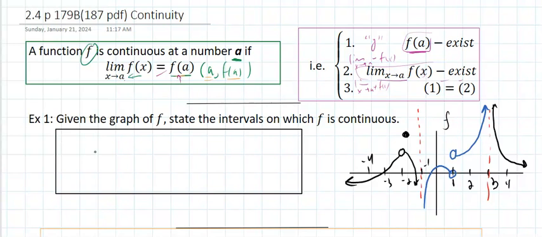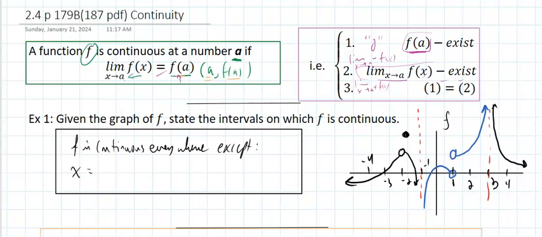Well, we're going to say f is continuous everywhere except, and let's see. Now, how do you figure out if a function is continuous? You trace the graph left to right. Every time you have to lift your marker off the paper or your pencil off the paper, the function is not continuous.